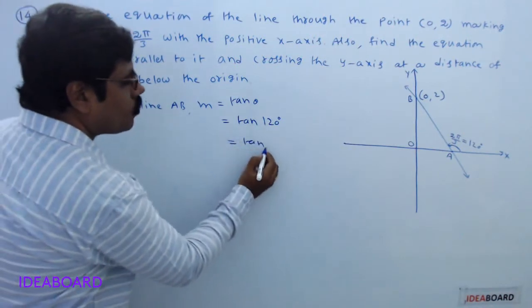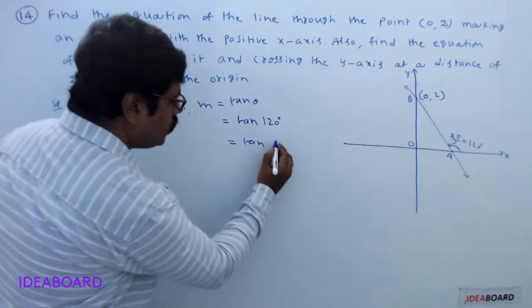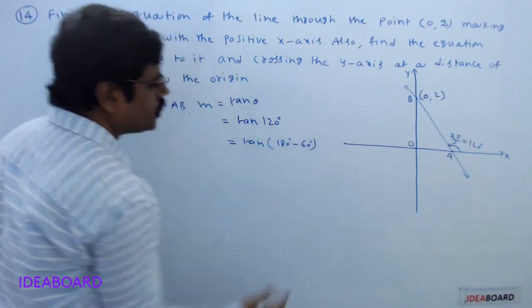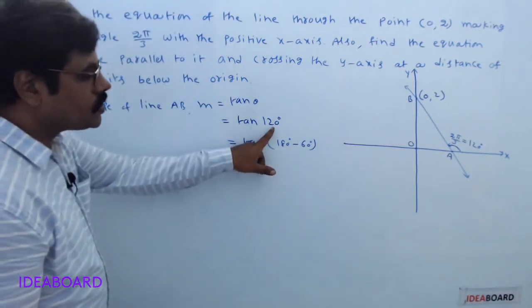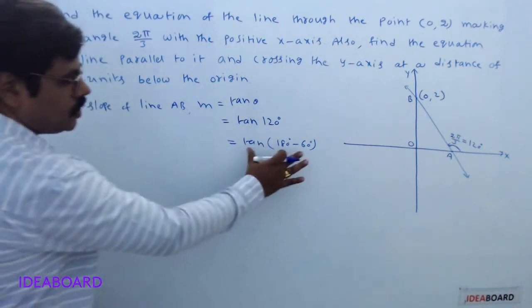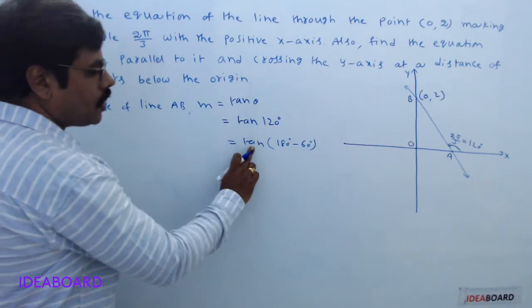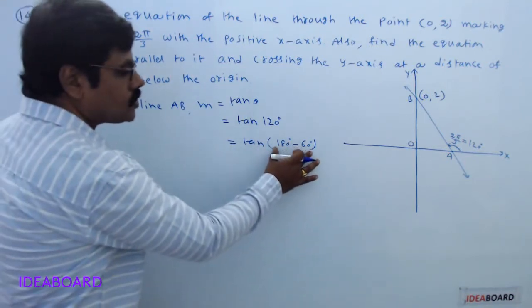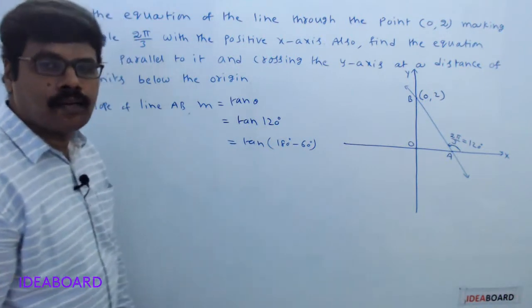So tan 120 degrees can be taken as tan of 180 minus 60 degrees. This 120 degrees can be expressed as 180 minus 60 degrees. It is in the form of tan of 180 minus theta. 180 minus theta belonging to second quadrant.